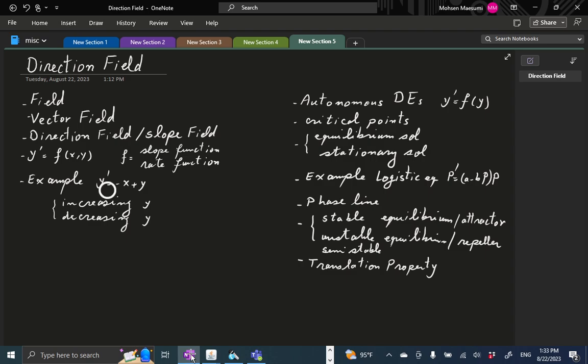But let's start with a simple one so that we don't get into deep waters right away. So y prime is equal to minus x plus y. We want to draw the direction field for this, and for example find out where the solution will be increasing, where it will be decreasing.